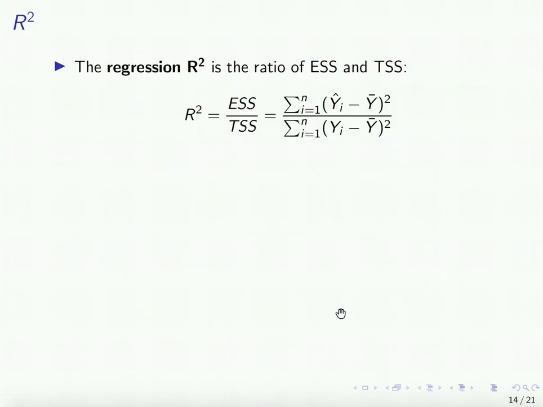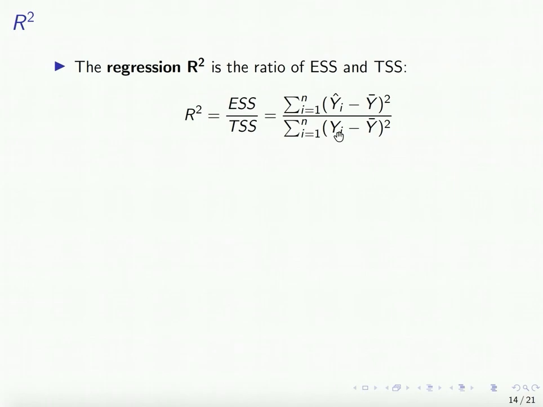So this R squared that I mentioned before in the table is just going to be a ratio. It's going to be the ratio of explained sum of squares over the total sum of squares, okay? So you have the expression here, and think of it intuitively. I'm thinking of yi as some sort of variance in the population, okay?